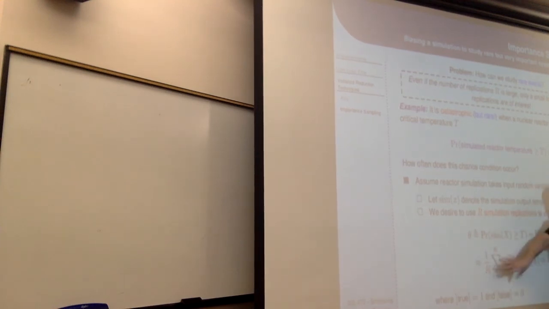Whatever that average is will be an approximation of this probability. So if I run 1 billion simulations and 5 of them come up greater than this critical temperature, then a good estimate for this probability is 5 over 1 billion.